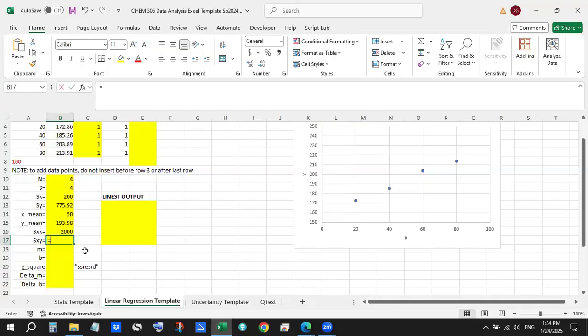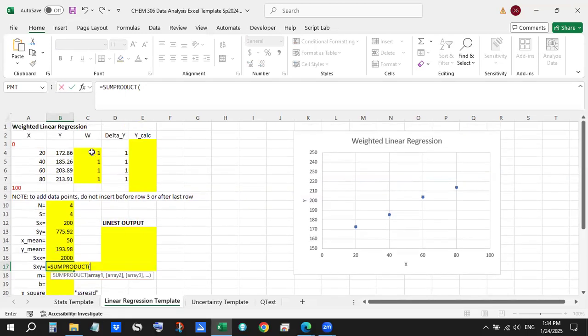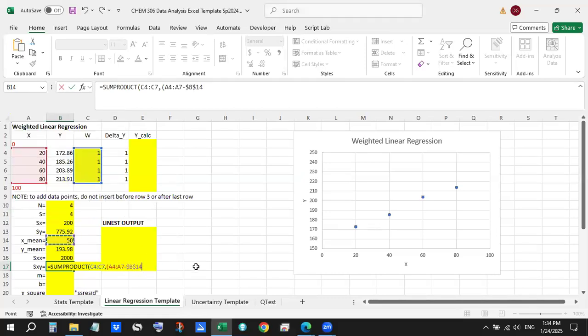So this is going to be equal to SUMPRODUCT. The weights would be column C, right? Comma. And what we're going to do, open parenthesis, X values minus the average X mean. I have to press F4 to make that absolute.